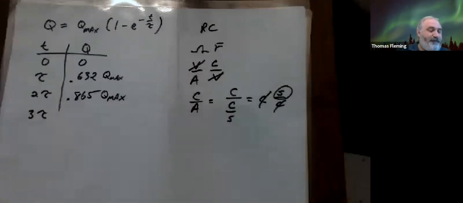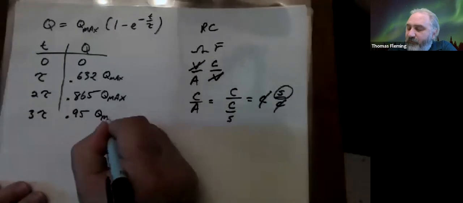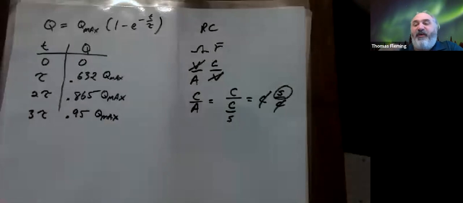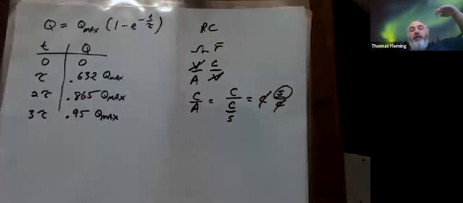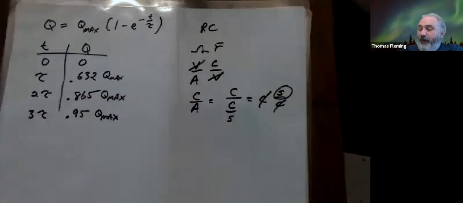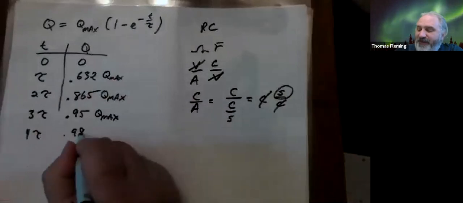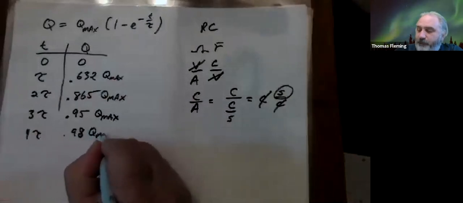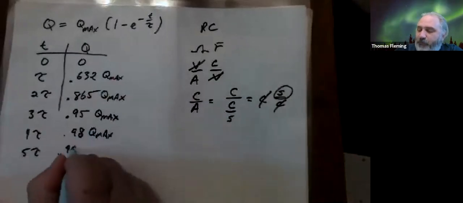So 1 minus that is only about 0.95. So after 3 time constants, I'm only about 95% of the way to full. And what's happening is as time gets bigger and bigger, this is getting smaller and smaller, but it's flattening out. It's approaching 0 asymptotically. And so after 4 time constants, we're up to about 98%. And after 5 time constants, I think we're at like 99.5%.